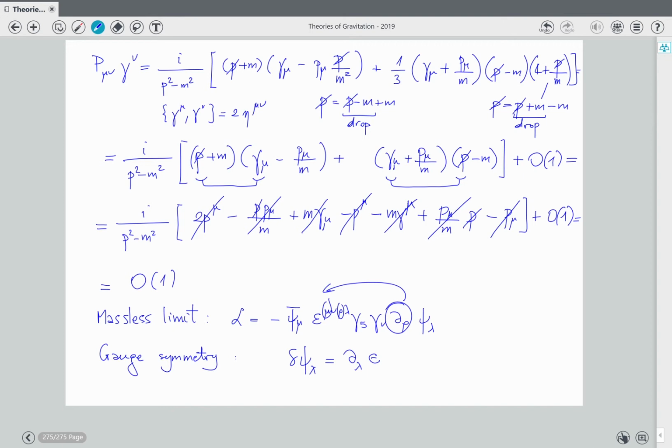So this is a symmetry where epsilon is what? Epsilon is a spinor. So this is the simplest case, a trivial case of a spin 3/2, which is a spin 1/2 with the derivative. And that is, of course, not a physical degree of freedom.